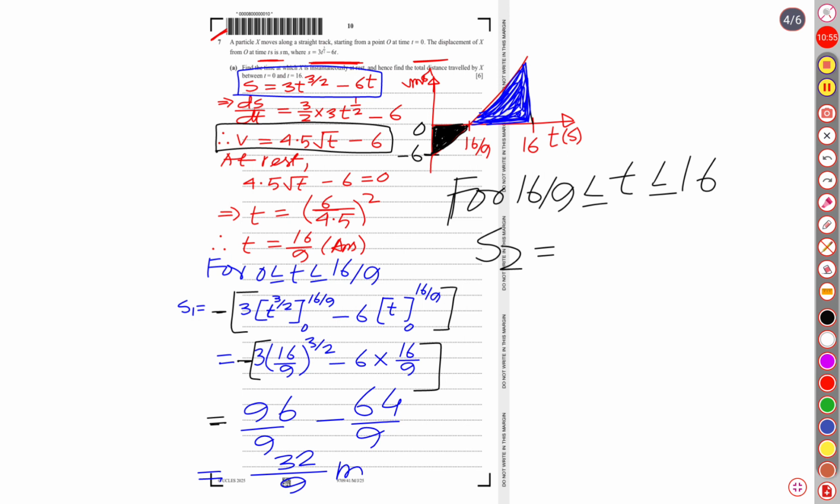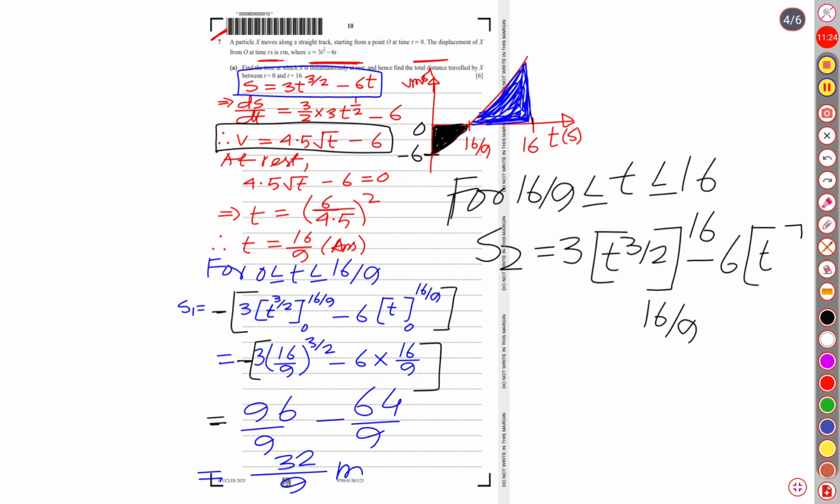And our expression is 3t raised to 3 over 2 minus 6t. So we will just substitute the values. 3 and t raised to 3 over 2, and our limit is from 16 over 9 until 16, minus 6 into t, with the same limit from 16 over 9 until 16.